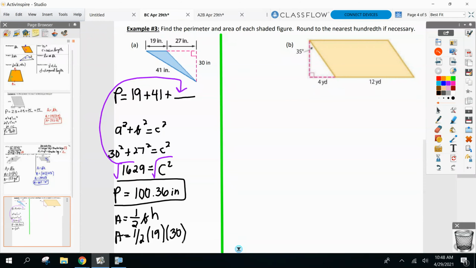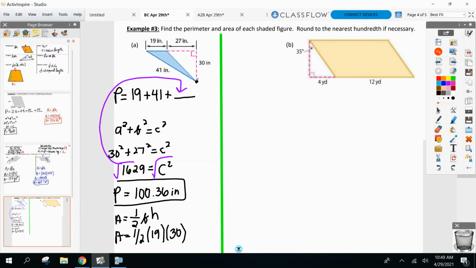Why is it 19? Why is 27 not the base? 27 is not a side in that triangle, so it can't be the base. If you were finding the area of this white triangle here, yes, it would be 1/2 times 30 times 27. Why not 41? There's no height drawn to 41. Here's the height.